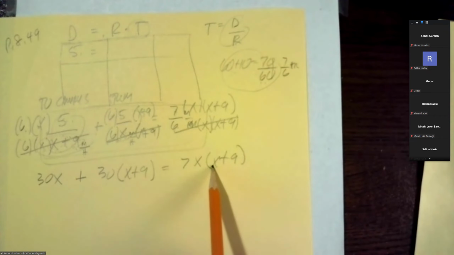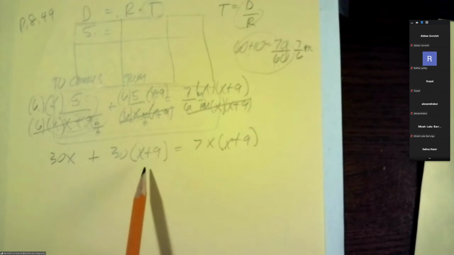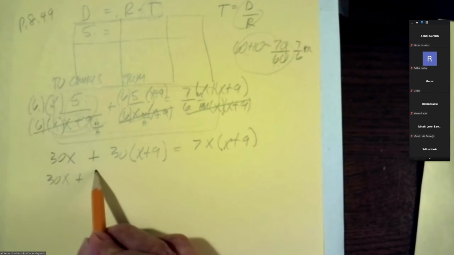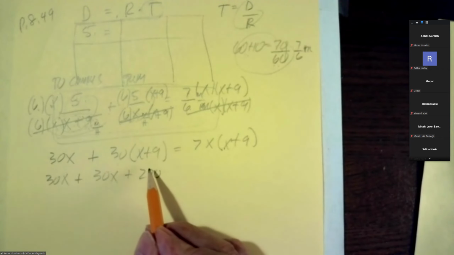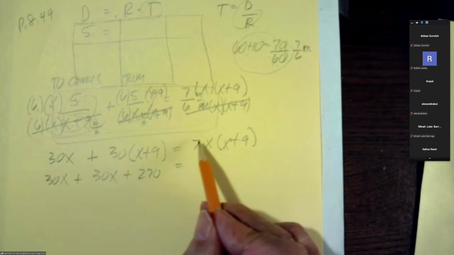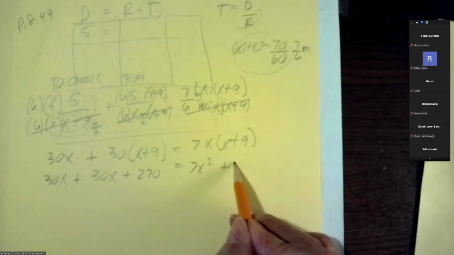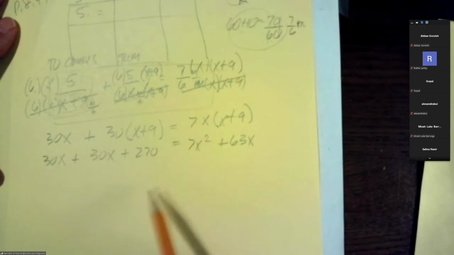So it looks like we can simply simplify this and then solve for x. We have one equation and one unknown. 30x plus 30x plus 270 equals 7x times this, which is 7x squared plus 63x. And then we want to simplify, don't we?